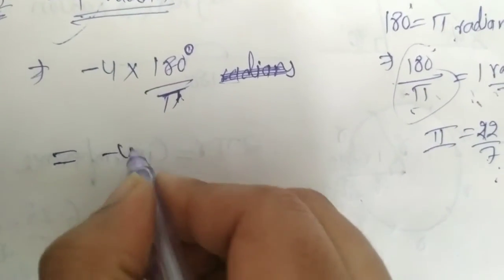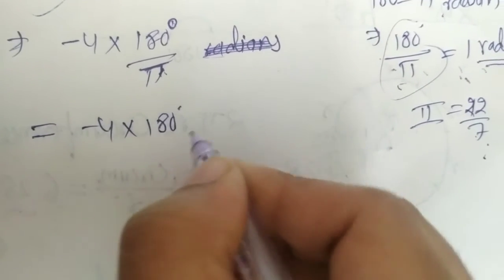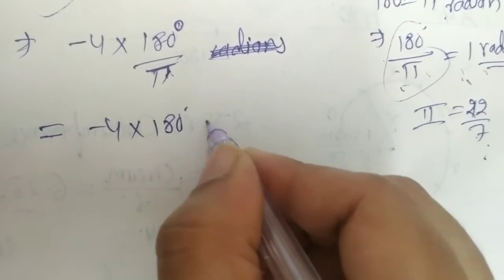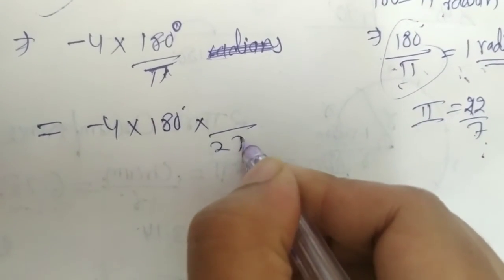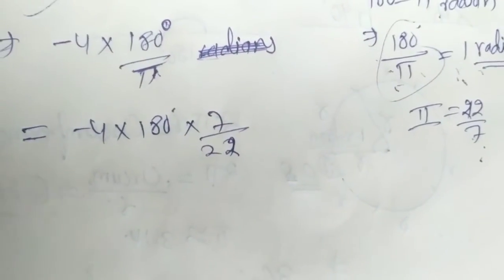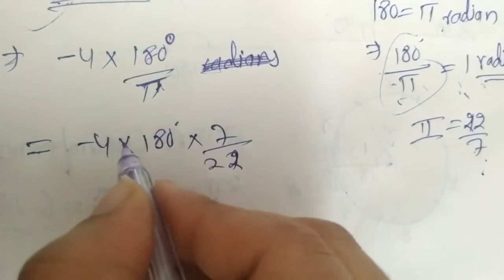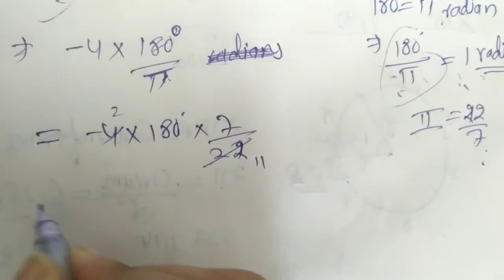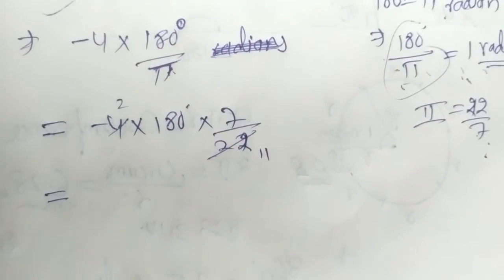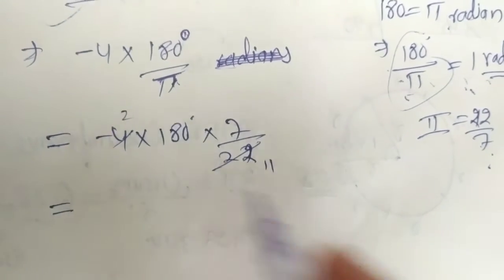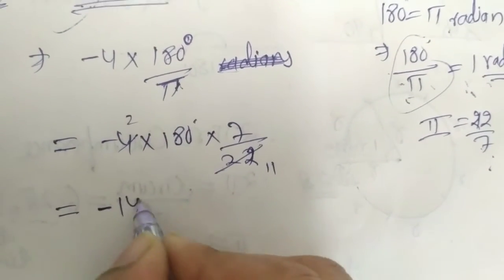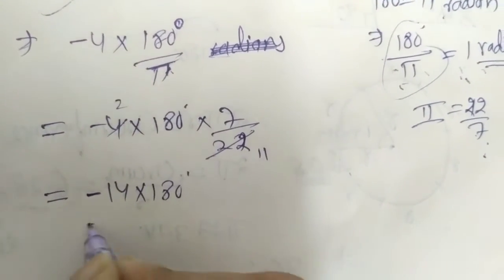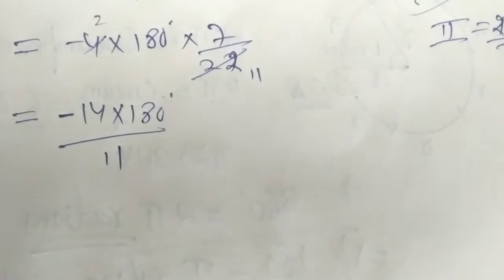So minus 4 into 180 upon 22 by 7. Now simplify this. We will get 2, this is 11. This will be equal to minus 14 into 180 degree upon 11.